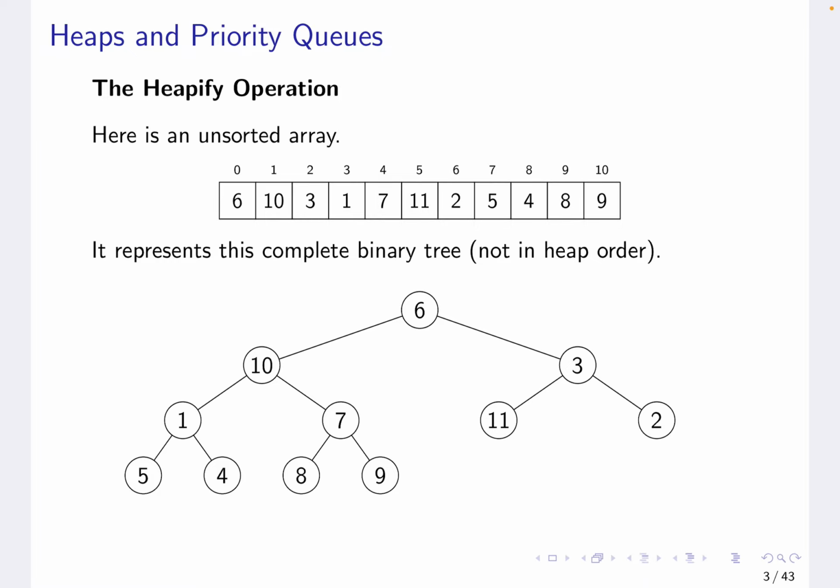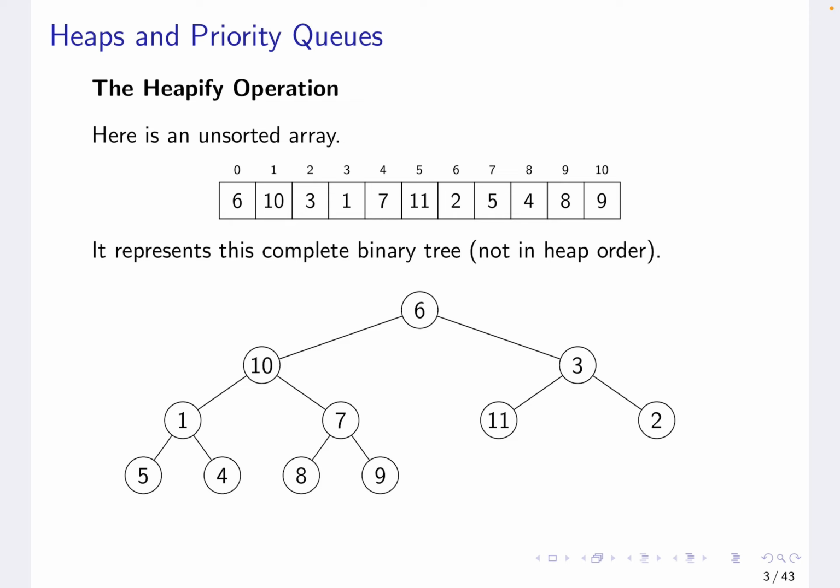Say we start with this unsorted array. We want to sort it. As we learned with the representation of heaps using arrays, you can convert an array into a complete binary tree. In this case, it's not a very good binary tree.